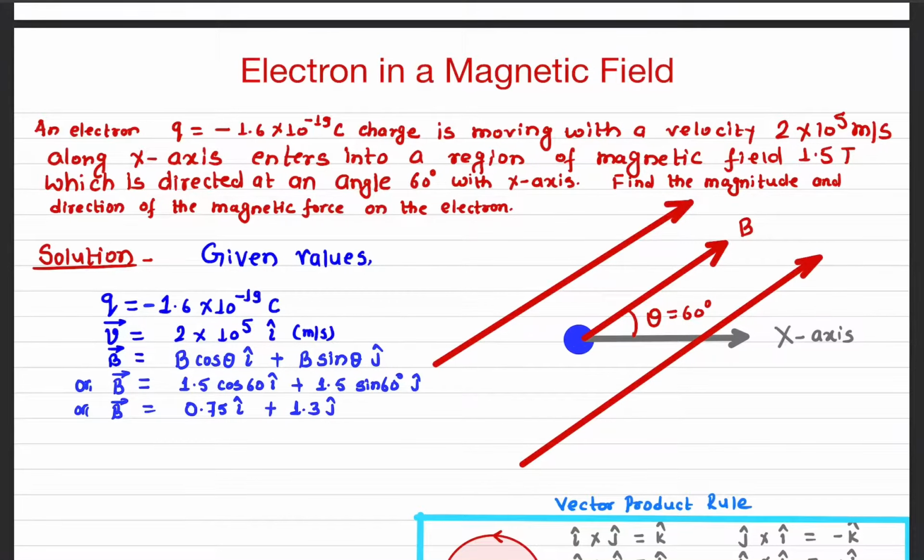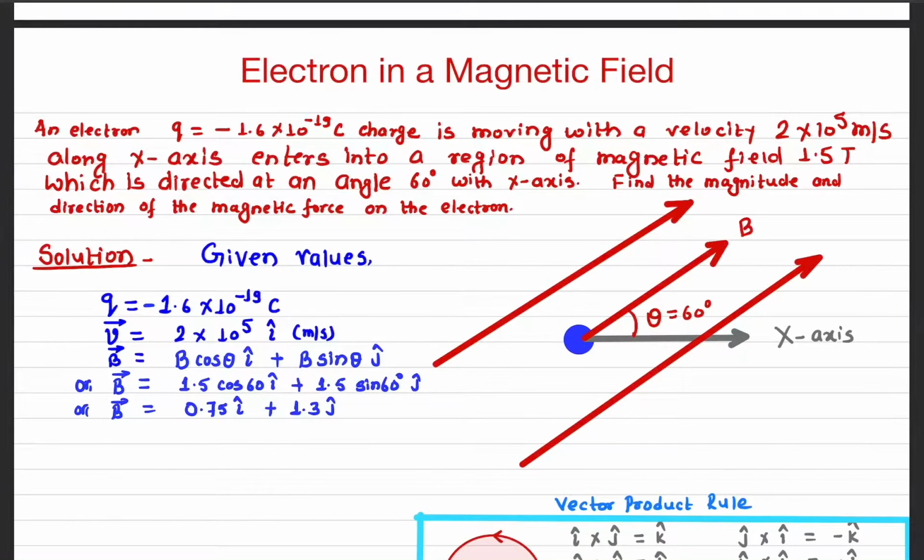In this video, I will talk about the motion of an electron in a magnetic field. An electron with charge negative 1.6 times 10 to the minus 19 coulomb is moving with a velocity of 2 times 10 to the 5 meters per second along the x-axis.